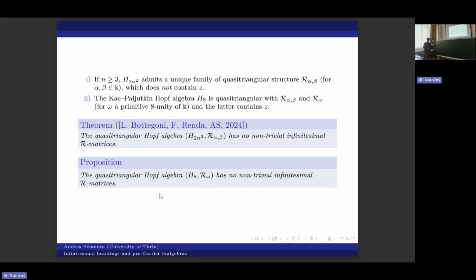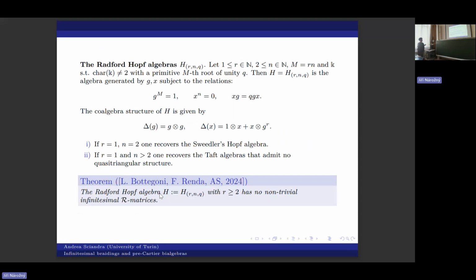And so this helps to prove that, in fact, chi is just 0. And also, if you generalize this Zwiedler in the direction of Radford algebras, which again generalizes Zwiedler in this setting, you have g and x, but now different, let's say g to the n is 1 and x to the n is 0, and xg is q times gx, where q is a primitive root of unity.